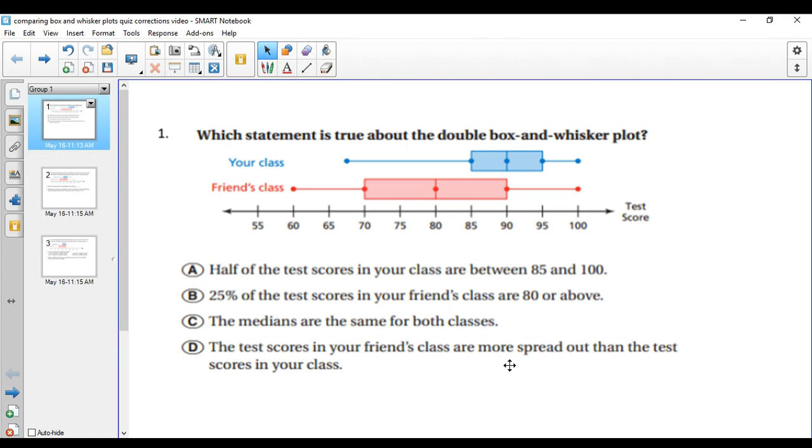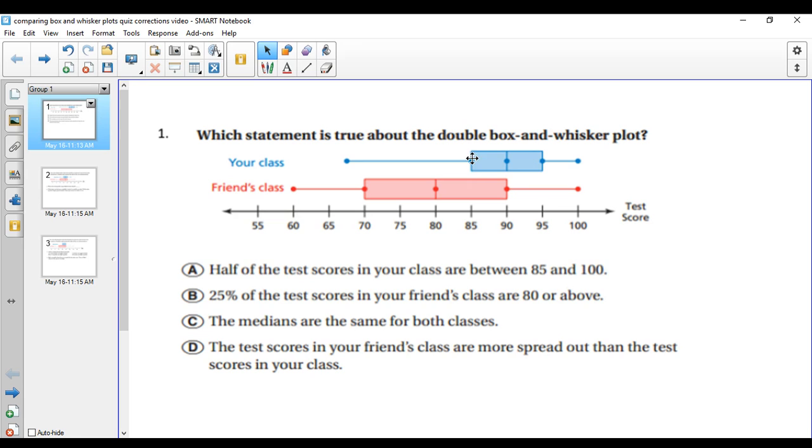Number one asks which statement is true about the double box and whisker plot. So let's go through each of the options here. Choice A says half of the test scores in your class are between 85 and 100. So your class is the blue graph here, and it says half, which would be 50%, and it's saying 85 to 100.